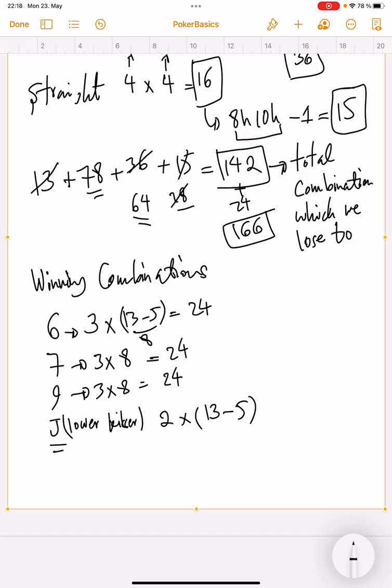Other than these, yes, this will be 16 for us. And the summation will be 3 times 24 plus 16. This will be 72 and 16, which is 88.